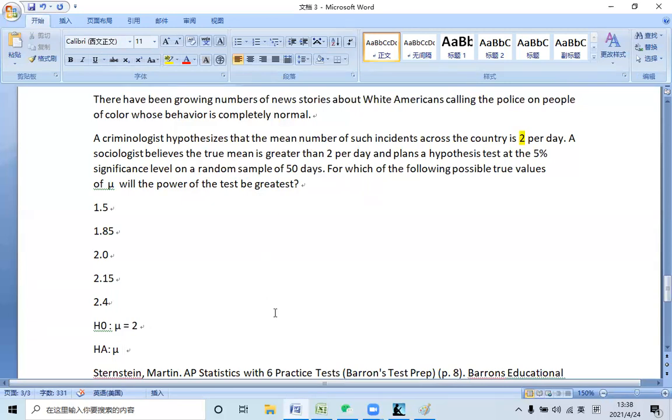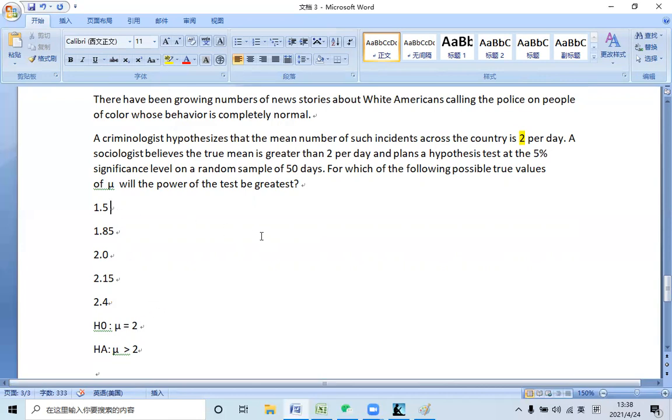It means greater, so it means the mean is greater than 2. What is the power? The power is your ability to reject the null hypothesis when the null hypothesis is false. And so you see which one is further from 2.